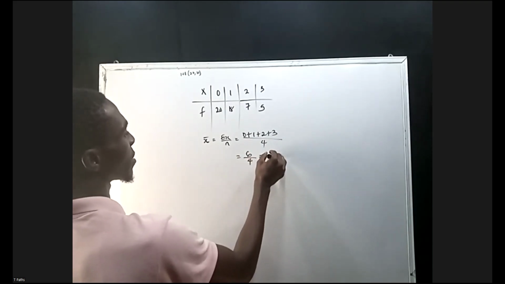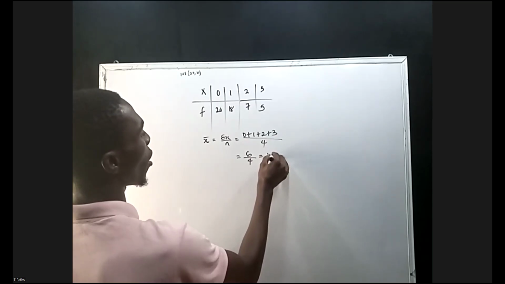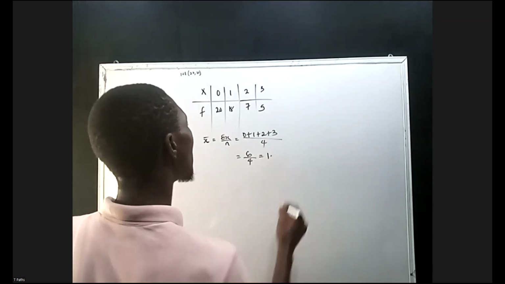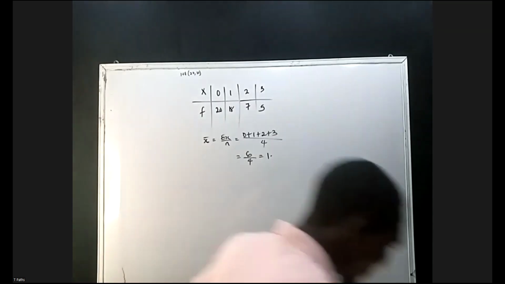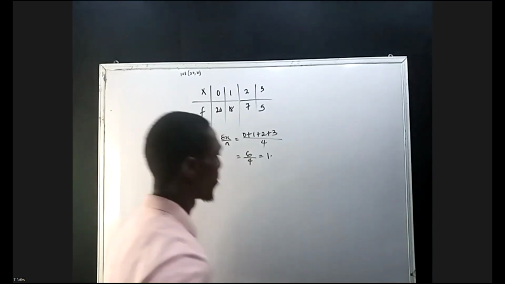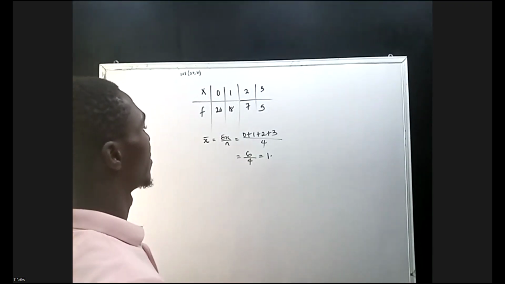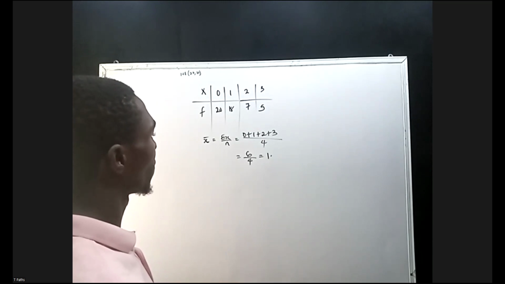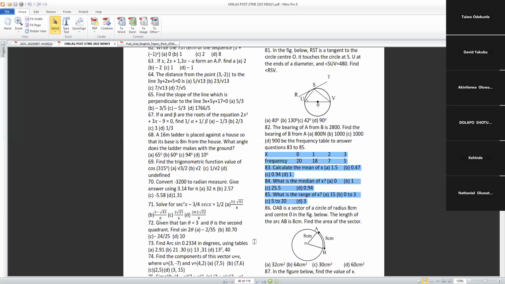That will give us 1 point something. It is a decimal answer, you should have it in the options. So I should have 1.5, because that's 3 over 2 automatically. 6 divided by 4, 1.5 is your answer. Yes, sir. 1.5 is in the options. That's option A. You can see that.